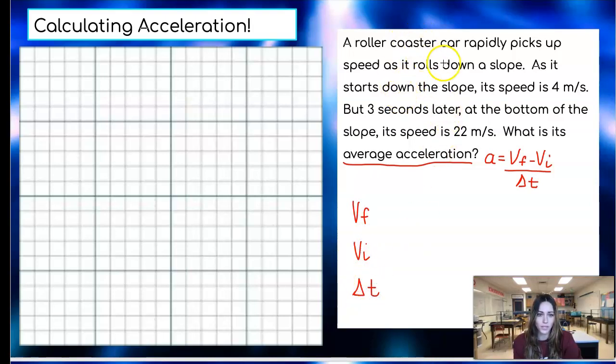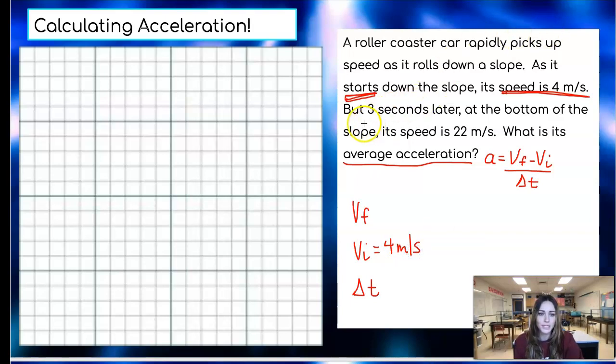First, we're told that the car is rapidly picking up speed as it rolls down a slope. As it starts down the slope, we're told that its speed is 4 meters per second. The word start here tells me that this is the beginning or initial velocity. So I can immediately notice that I do know my initial velocity and that it is 4 meters per second.